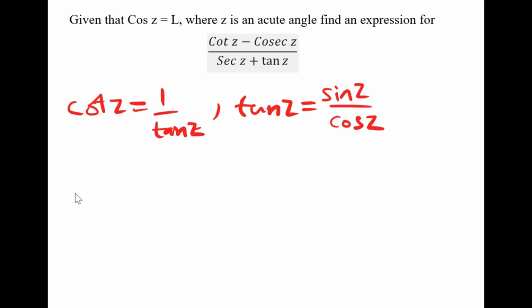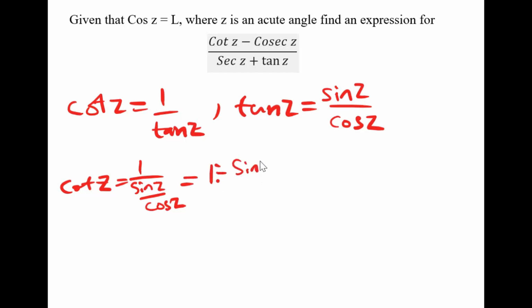This means that cot z is the same thing as 1 over sin z over cos z, which is 1 divided by sin z over cos z.